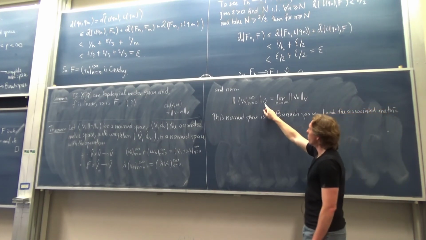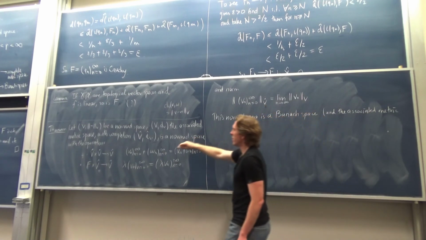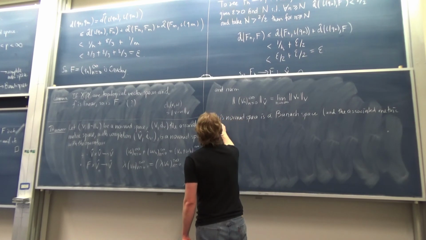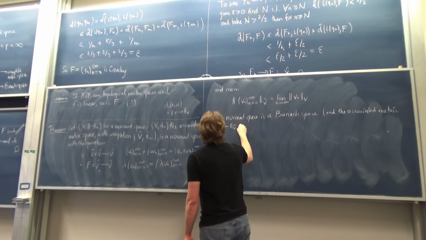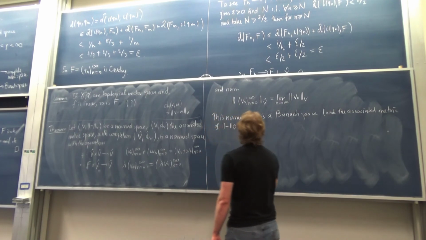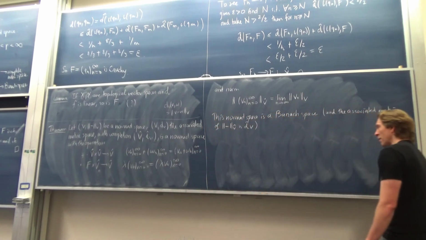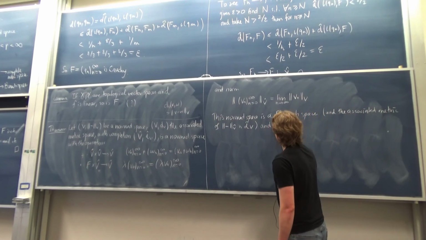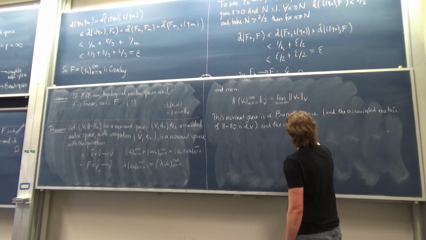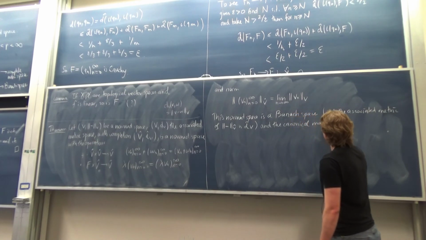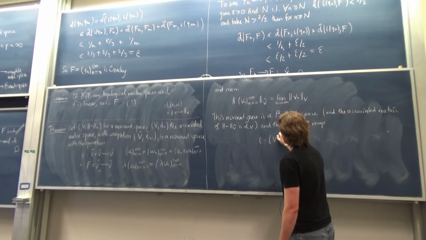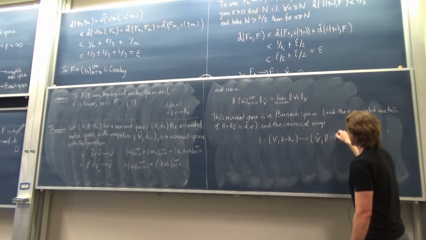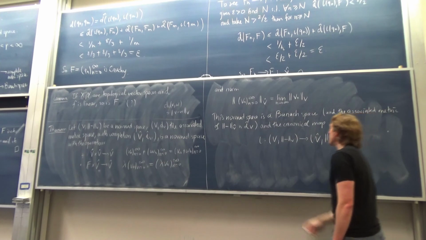Okay, so once I've defined a norm, I get an associated metric. I need to check that actually is the metric I started with, and that with respect to that metric, this space is complete. So I have a map from V into this new normed space.